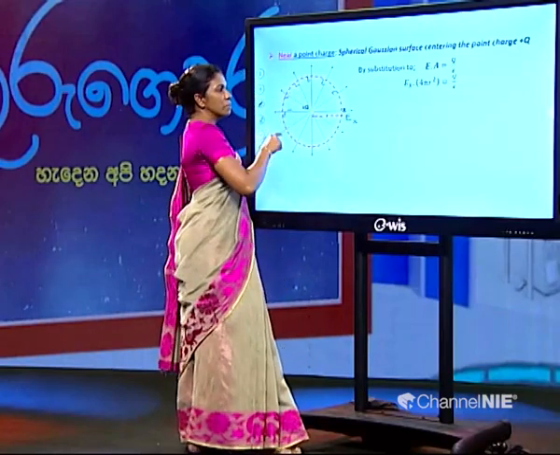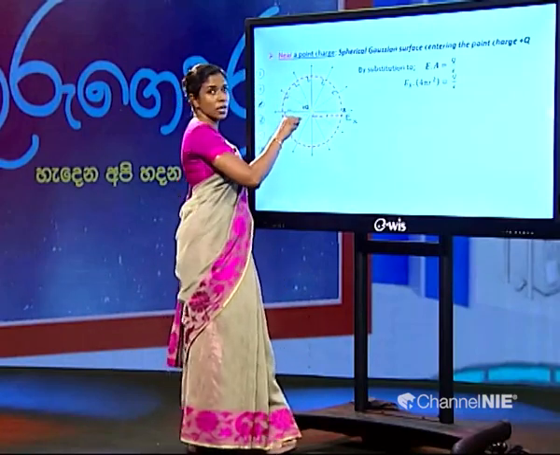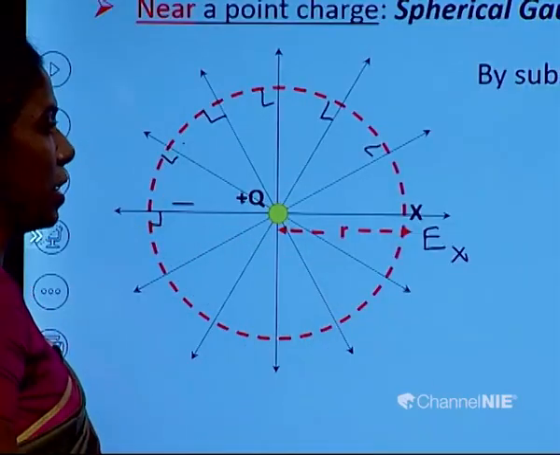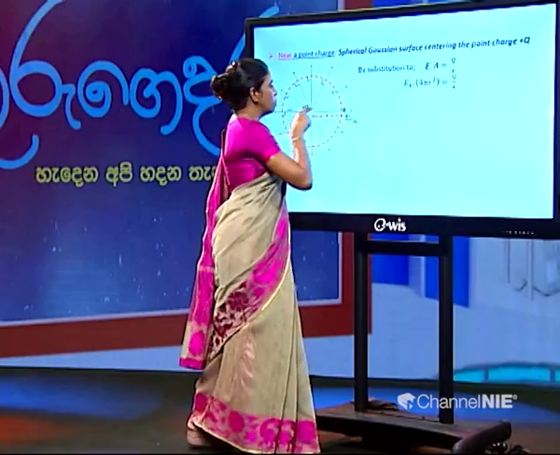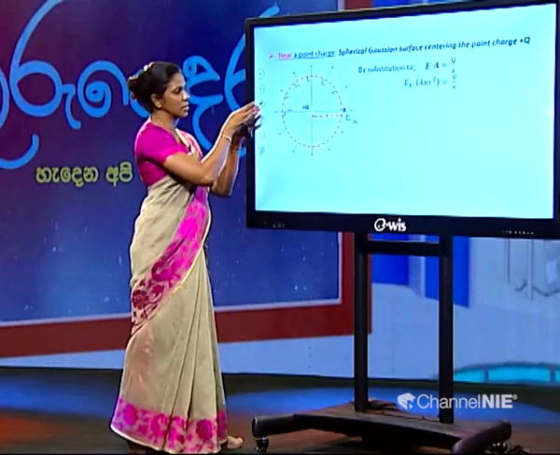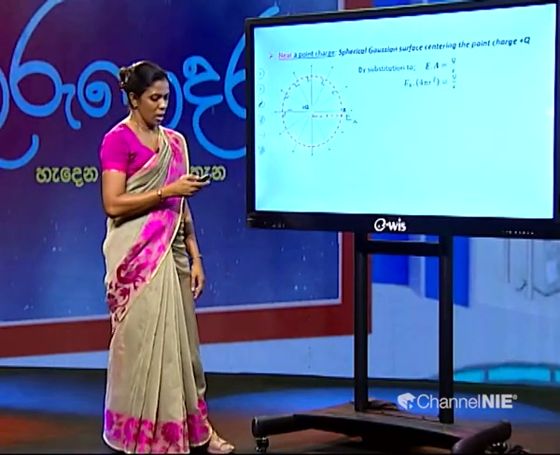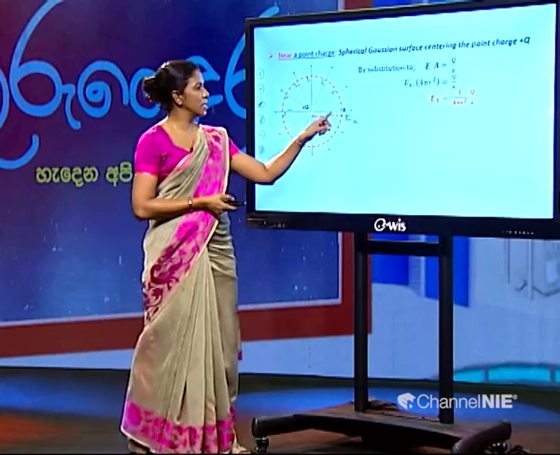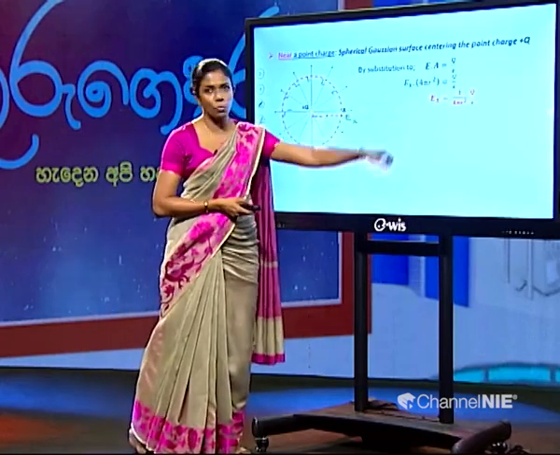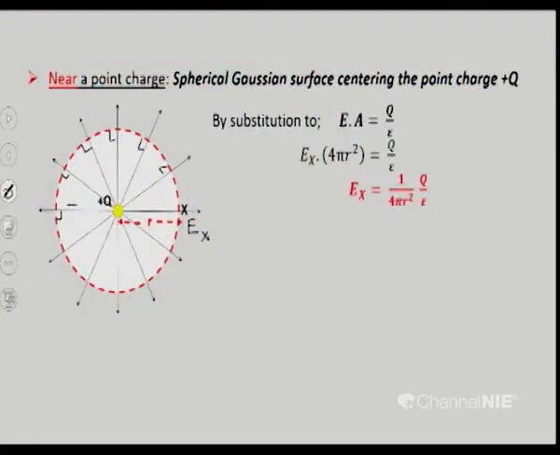The Gaussian surface encloses the source charge that produces the field, so q is the net charge enclosed inside the Gaussian surface, and epsilon is the permittivity of the medium. When you solve it, we see that the field intensity comes to 1 over 4 pi r squared times q over epsilon.